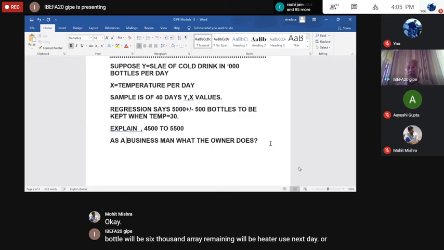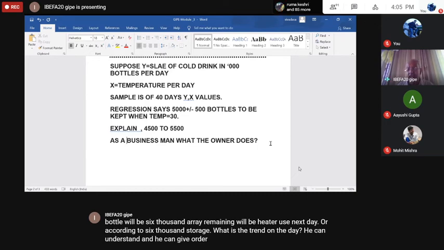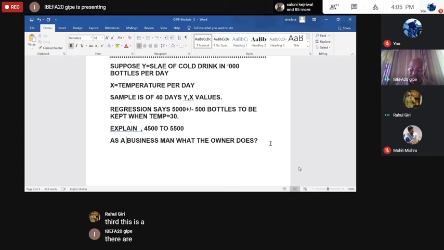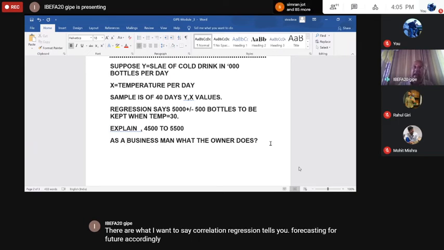Or according to 6,000 storage, he can understand the trend for the day and give the order for the next day. Therefore, what I want to say is that correlation regression tells you forecasting for the future. Accordingly, you can plan and execute it for getting a better business result.